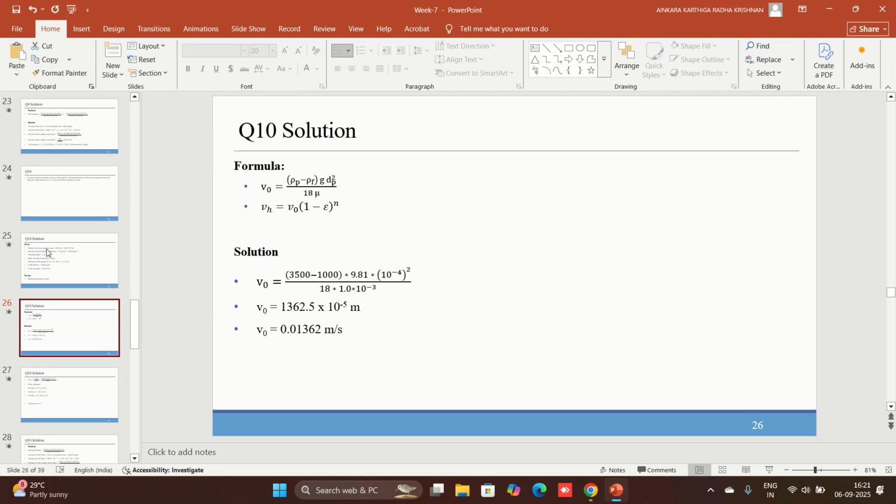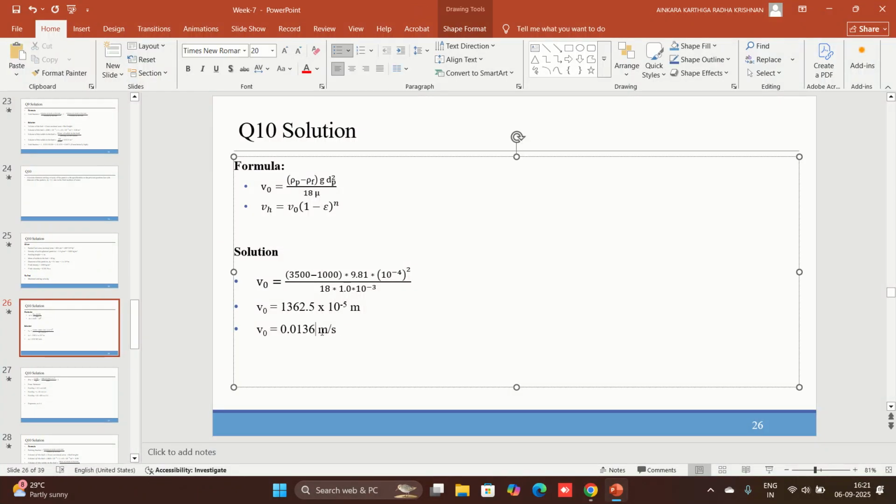So it is 2500 into 9.81 divided by 18, and we get 10 power minus 5. So it is 0.0136, we'll stop at 4 digits, meter per second. Here also it is meter per second, just because I copied from a single slide I made and made changes for further problems, so that's why everywhere it is meters.